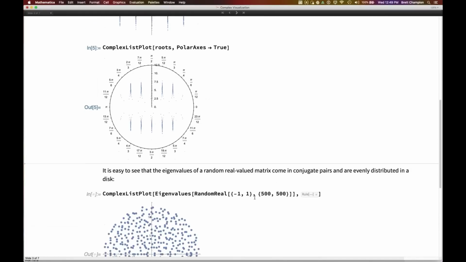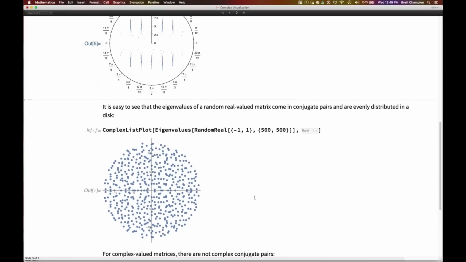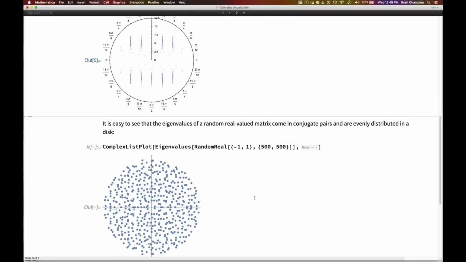And so the next couple of examples are, like I said, roots again. We don't necessarily think of them as roots, but they are. If we take, say, a 500 by 500 matrix whose entries are randomly chosen from -1 to 1, then we get 500 eigenvalues.